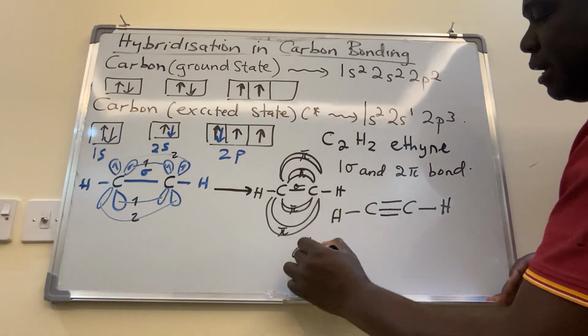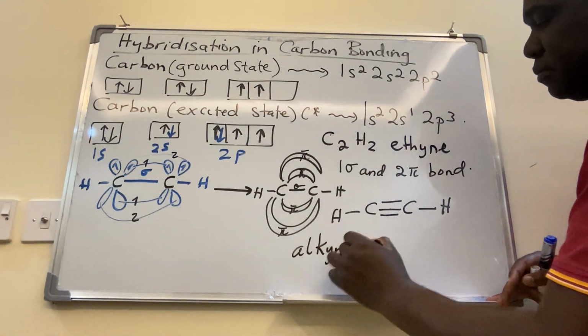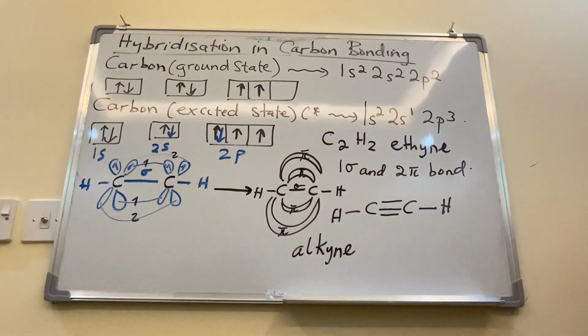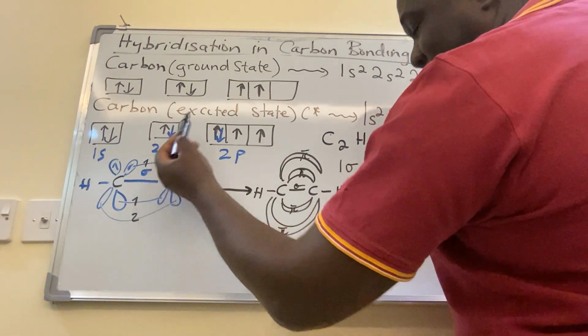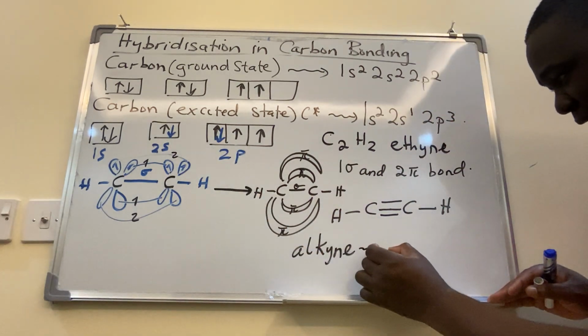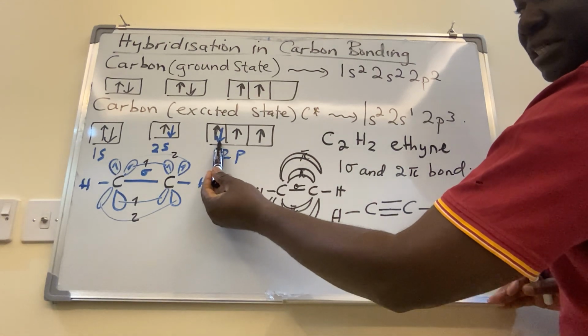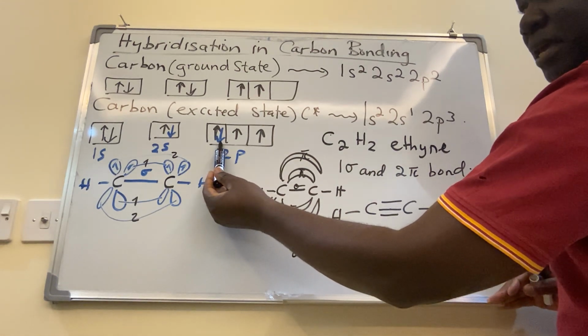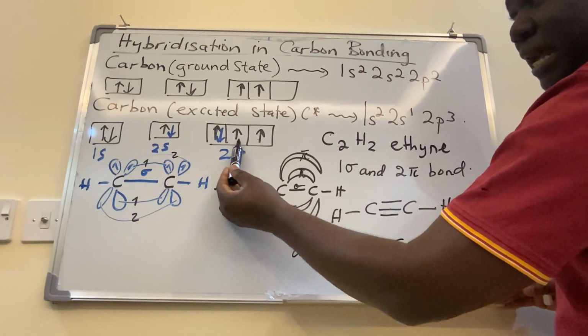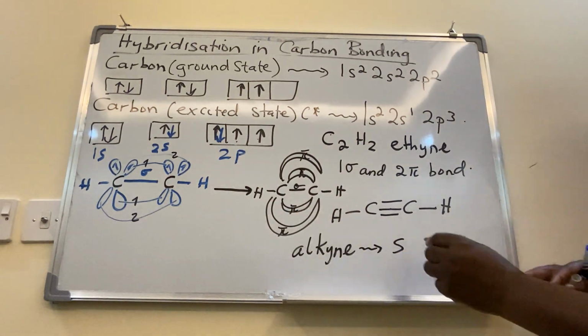Alkynes also show what type of hybridization? I only used one s electron and one p electron, as you can see here. These two electrons were not involved in bonding.